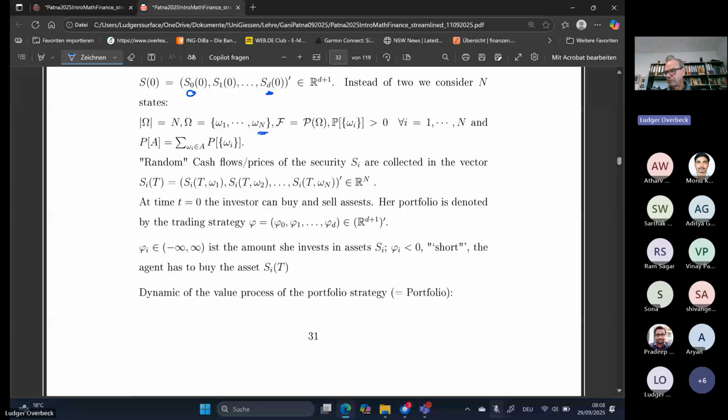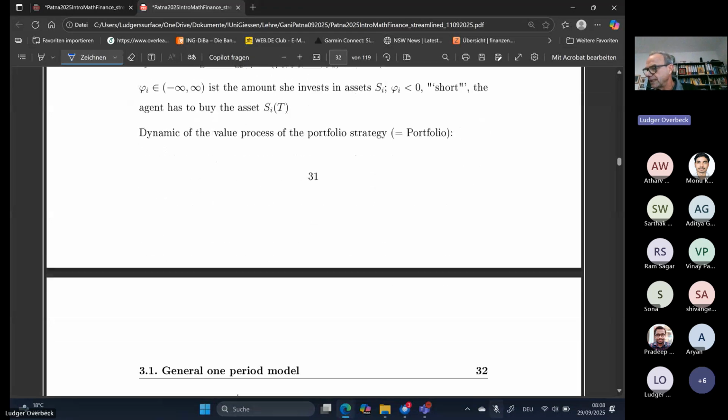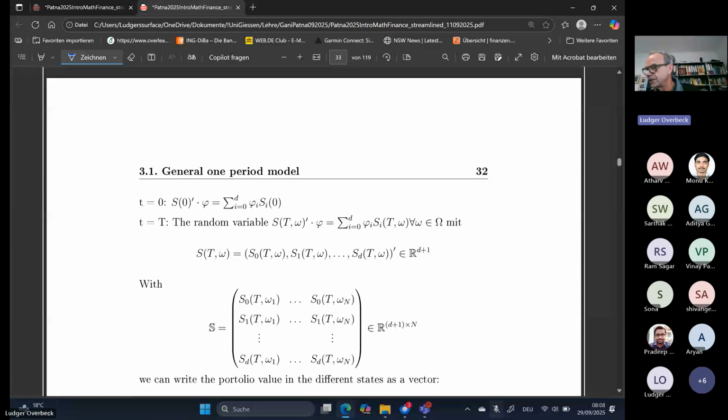And then you can store the information in a matrix, and more or less the market is in the matrix consisting of future values of the underlying strategy, and the initial value S0, this vector. And the portfolio is then just a vector of dimension d plus 1, telling you how much you invest in this one trading period into the assets.